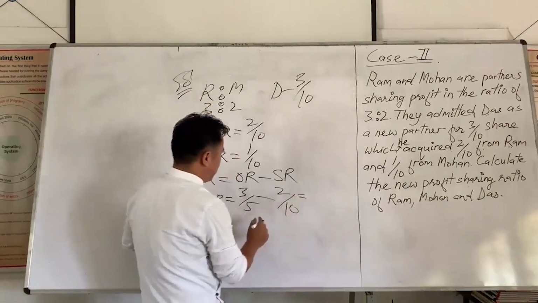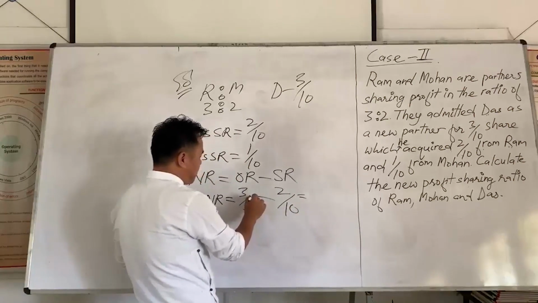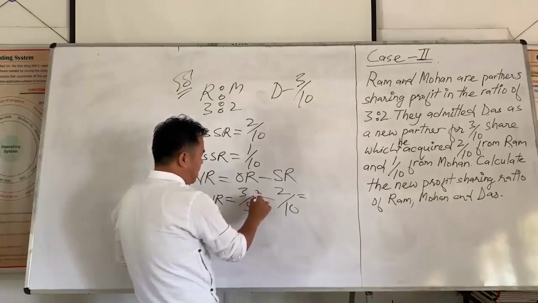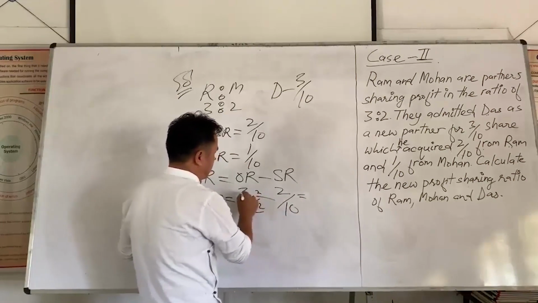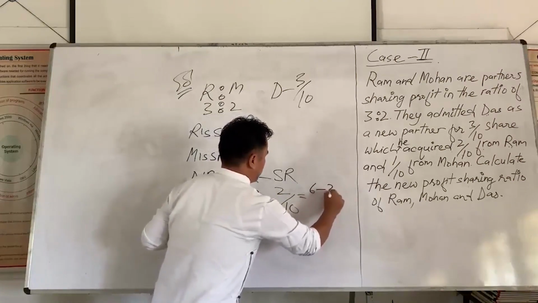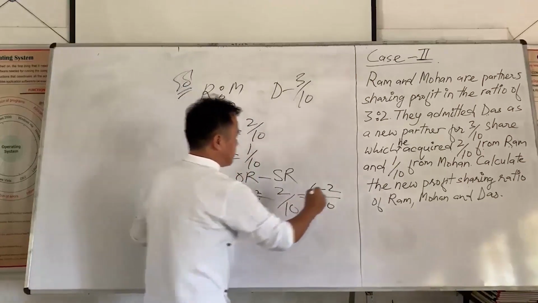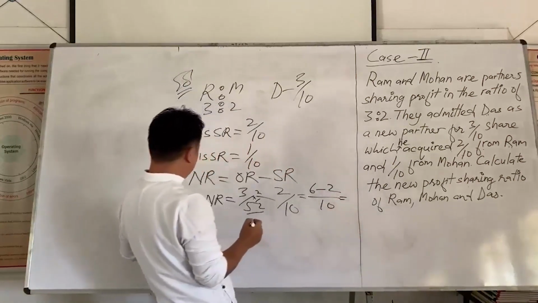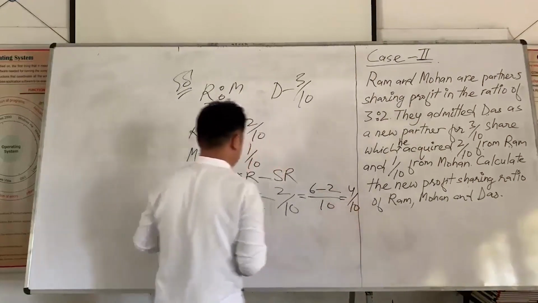So in order to make denominator same, we have to multiply 5 by 2. If we multiply 5 by 2, then we will get 10. So 3 multiplied by 2, how much we get? 6 minus 2 divided by 10. Is that clear for you? So the value of Ram's new ratio is 4 by 10.